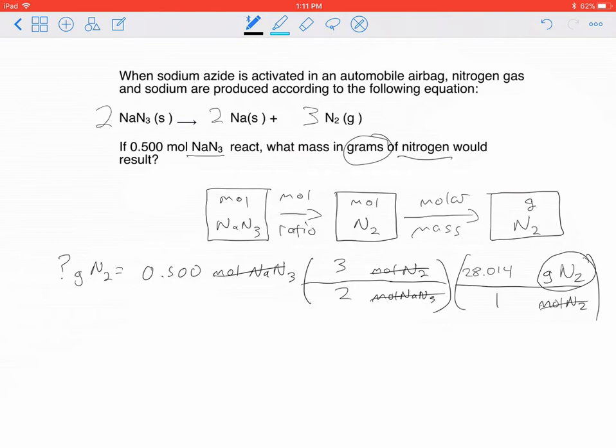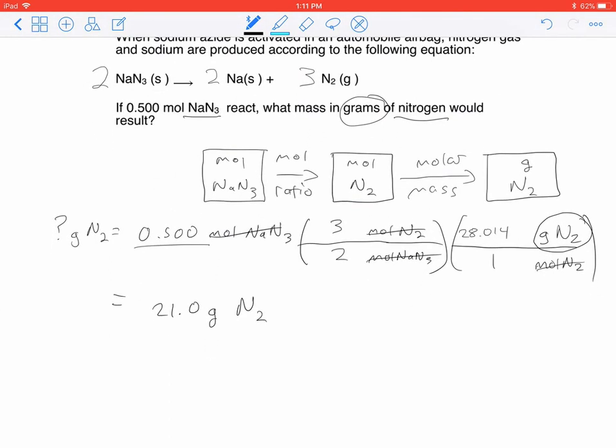When I do this calculation, I'm going to end up with 3 significant figures from this number, so it's 21.0 grams N2.